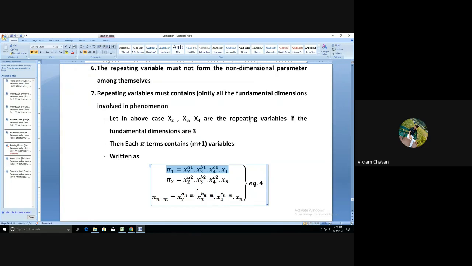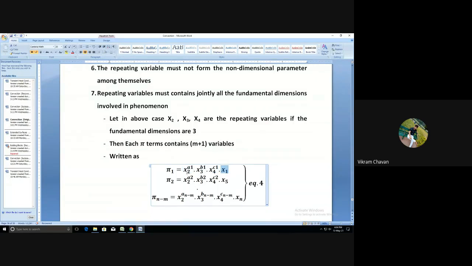Each pi term contains m plus 1 variables, which means m repeating variables and 1 non-repeating variable. So this pi1 term contains m plus 1 variables, where m is the number of repeating variables and 1 is the non-repeating variable. So we have considered these 3 repeating variables and 1 non-repeating variable.